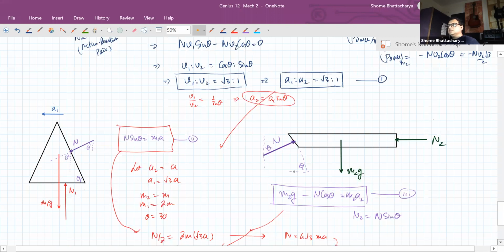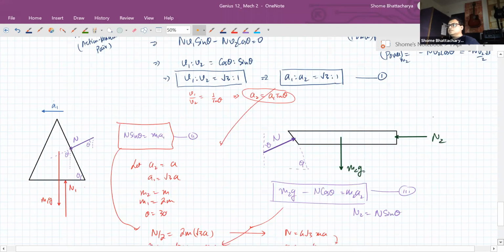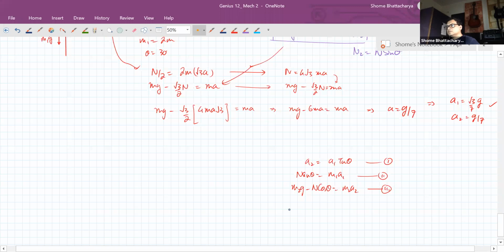So we can substitute this here and we can substitute this here. So we'll get this is equal to M2 into A2, which is A1 tan theta.